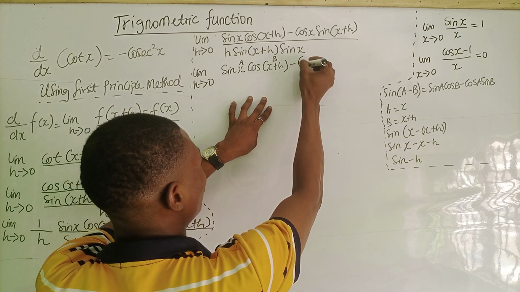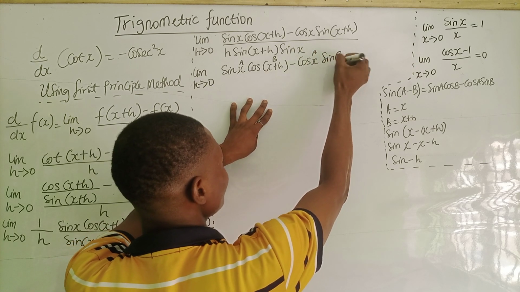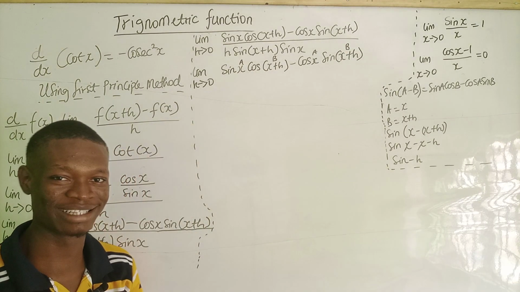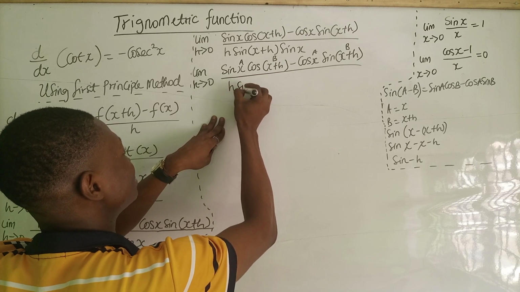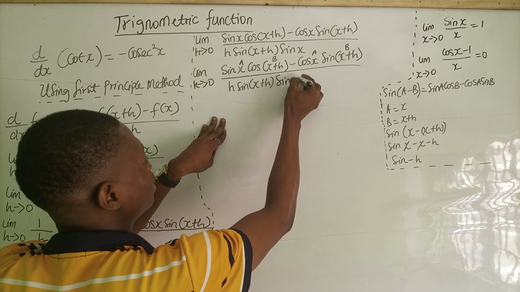So minus cos x, let me call this one a again, sine x plus h, let me call this one b again. Are you seeing something? All over h sine x plus h sine x.